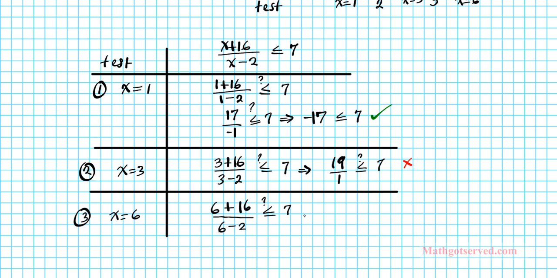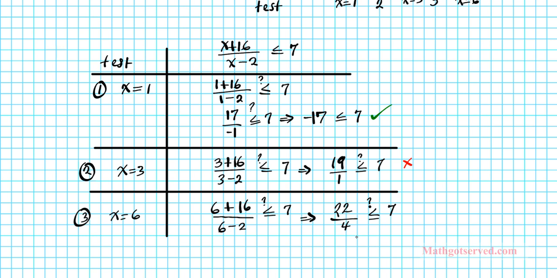Is it? Let's simplify that. 6 plus 16 is 22. 6 minus 2 is 4. Is 22 over 4 less than or equal to 7? That's the question.